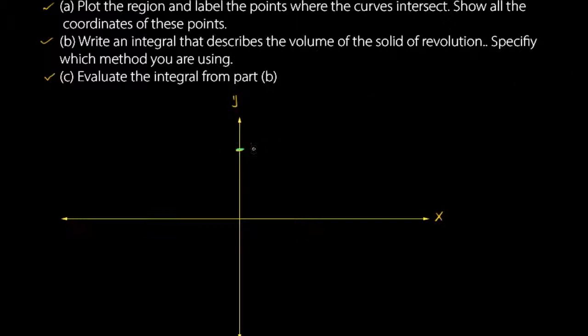Let's say this is point 3. So this is going to be my curve, nothing fancy, just for illustration. This is the graph of y equals x squared plus 3. That's the curve you have there.